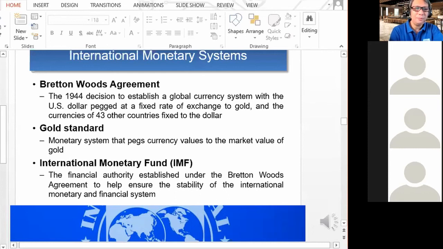Okay, why did we establish this agreement? Why did the nations of the world establish this agreement? First and foremost, class, for world peace and for world order, and for the prosperity of all nations in the world. After World War II, leaders actually realized that many causes of the war were economic in nature.